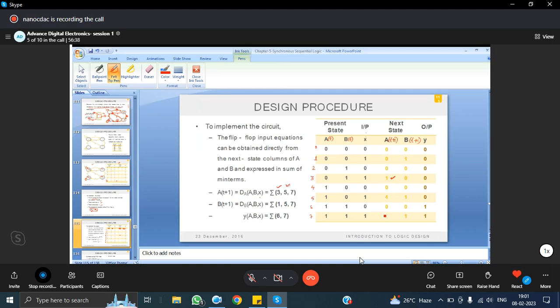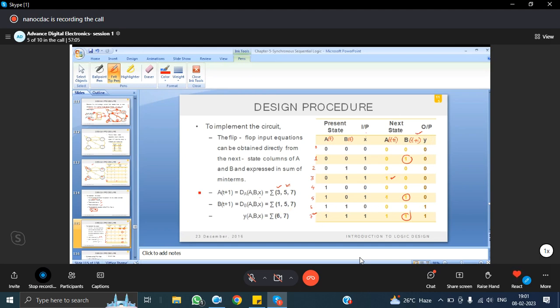5 and here 7, the next state, and the next state B of t plus 1. When it is enabled, this minterm is 1, this minterm is 5 and the corresponding minterm is 7. For the output we write 6 and 7.